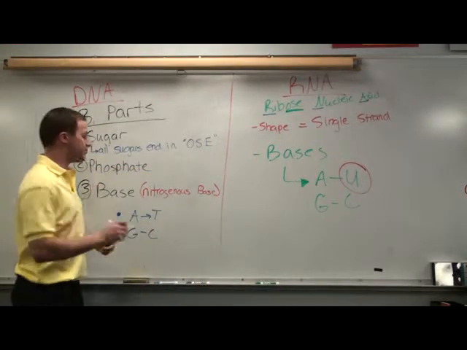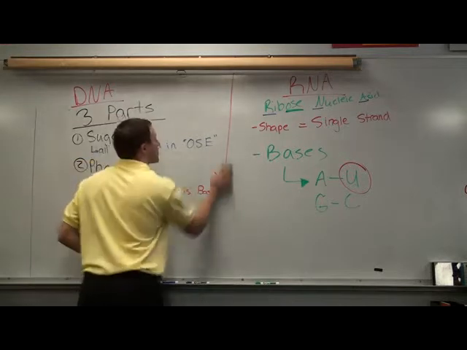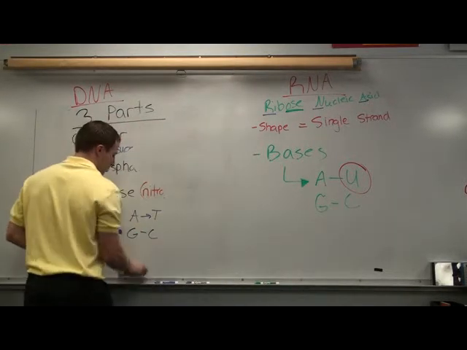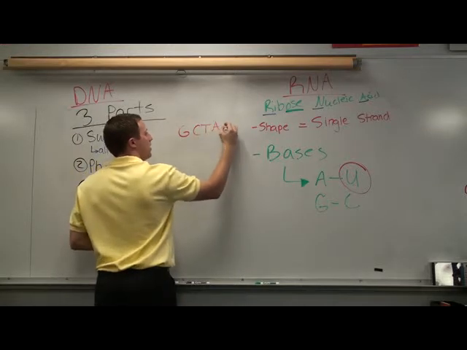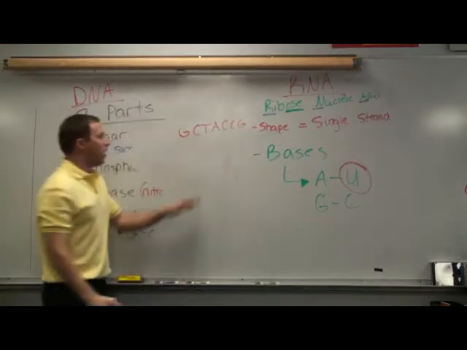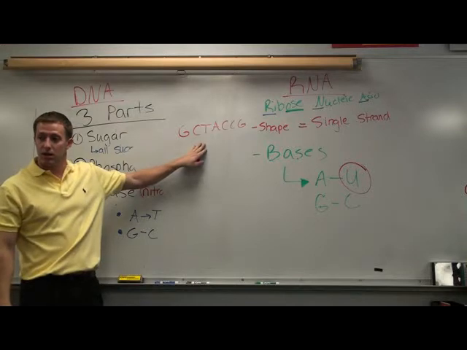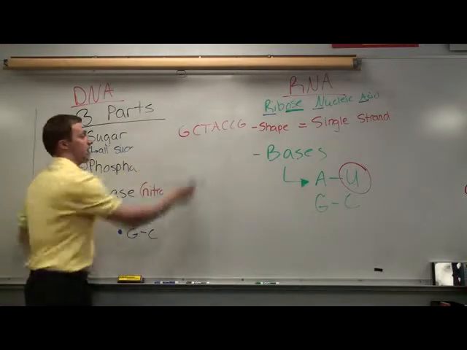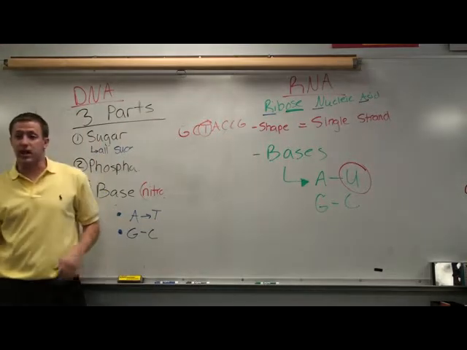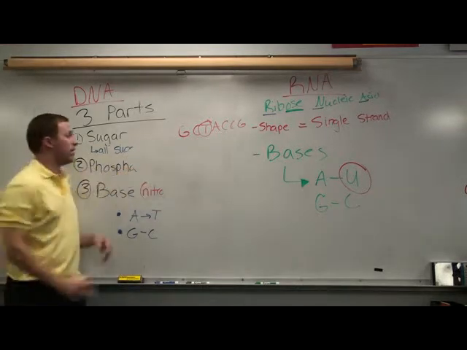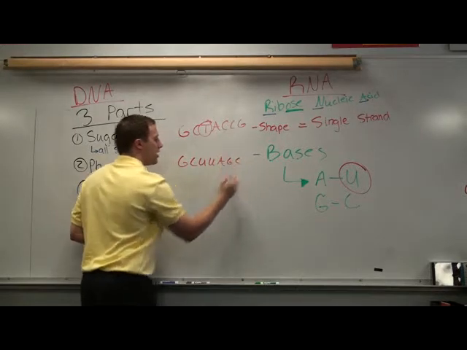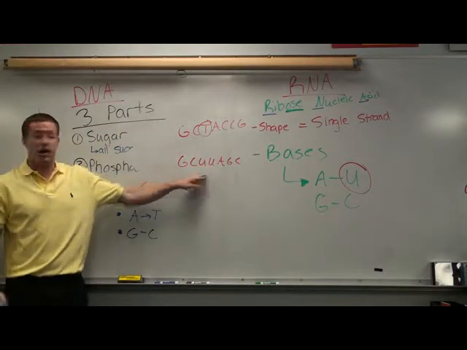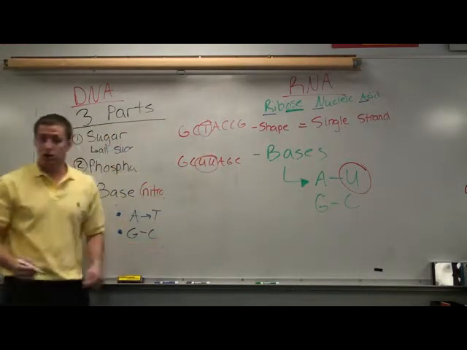So if they write out something on the test like this, G, C, T, A, C, C, G. Is that RNA or DNA? It has a T, so it's got to be DNA. If they do this, G, C, U, U, A, G, C, that is RNA because it has U's.